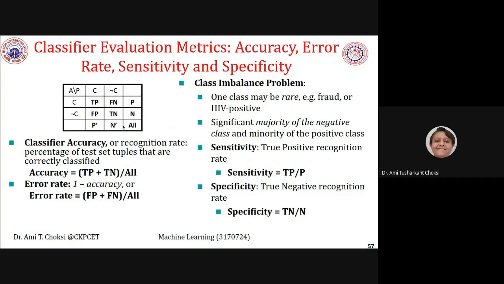So now, what's the case? Classifier evaluation metrics: accuracy, error rate, sensitivity, specificity, right? So for that we can say this is the confusion matrix. This is the positive class, this is the negative class, right? Actual and predicted.